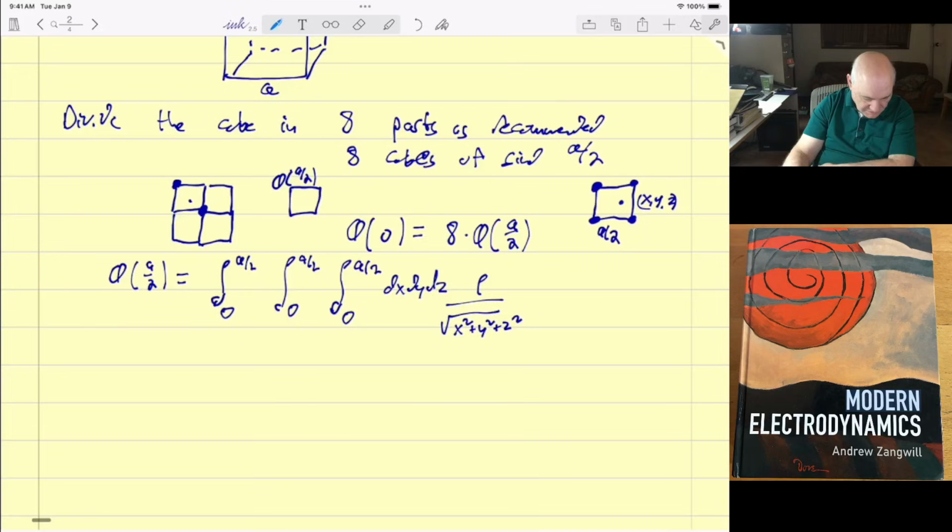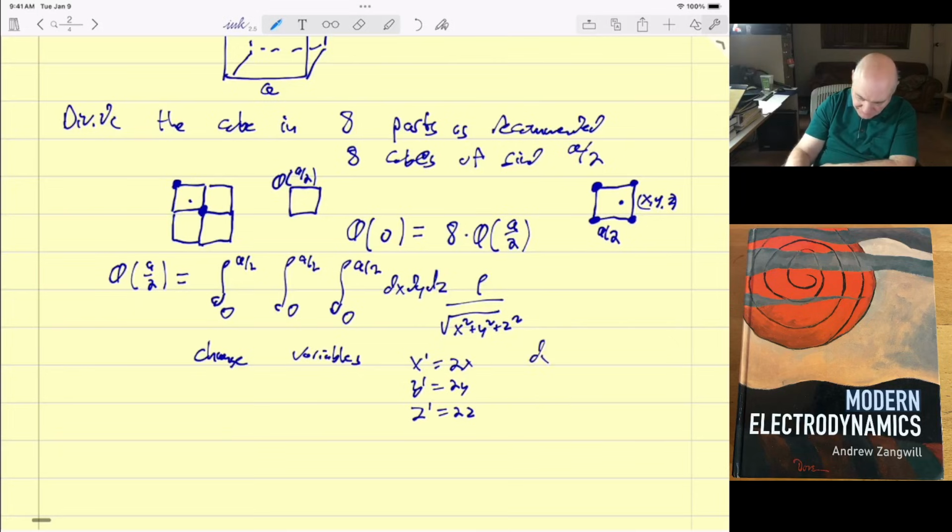Now, to do this, I simply change variables first. So I'll go x prime is equal to 2x, y prime equal 2y, z prime equal 2z.